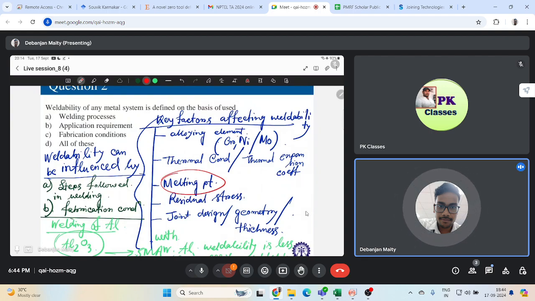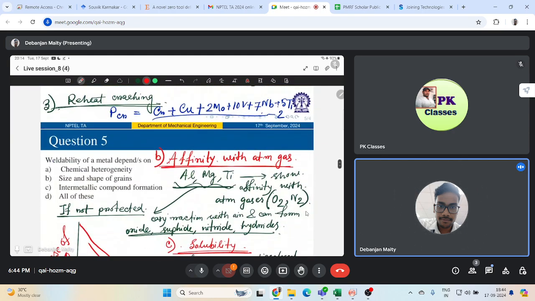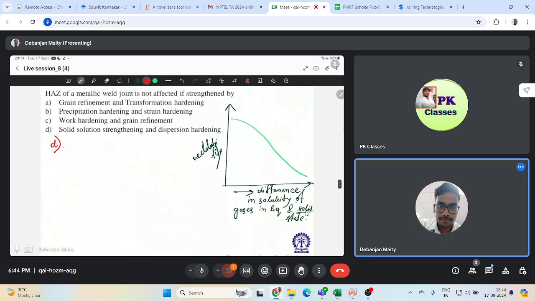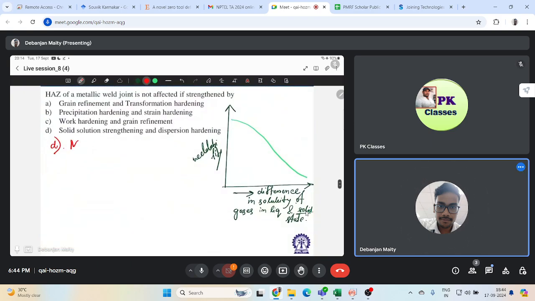Let's talk about melting point. How will my melting point affect the weldability of a structure?